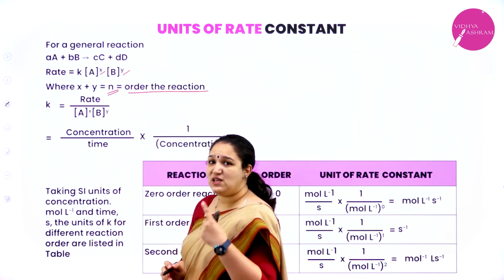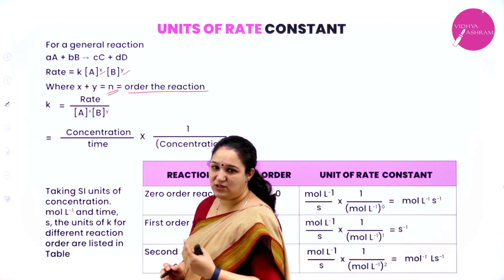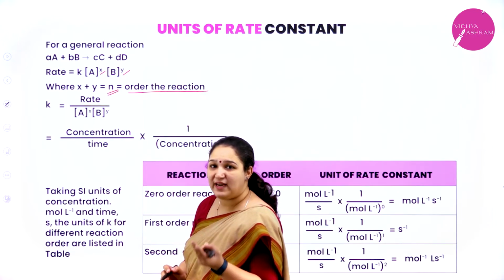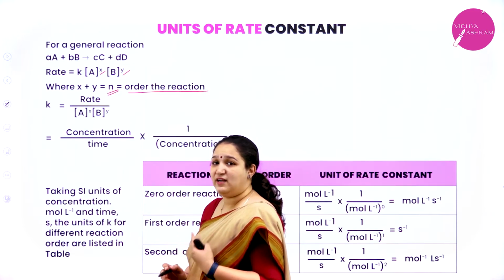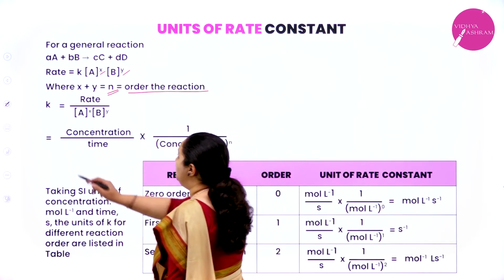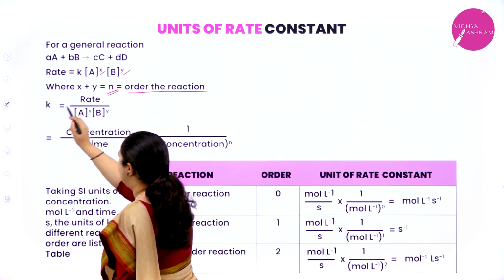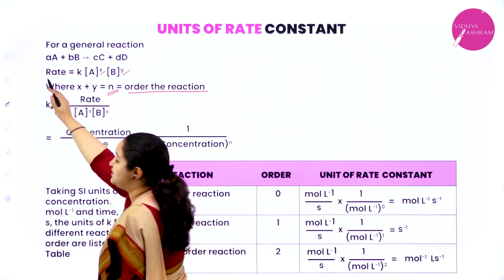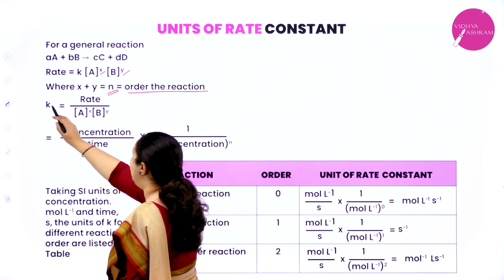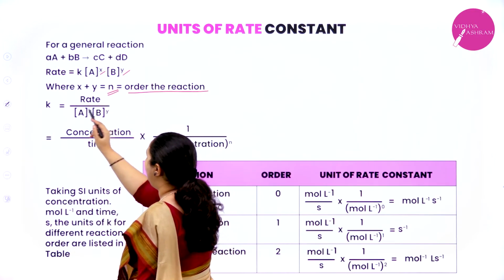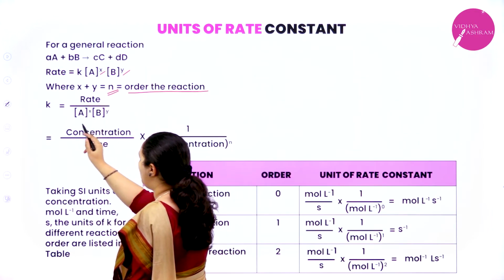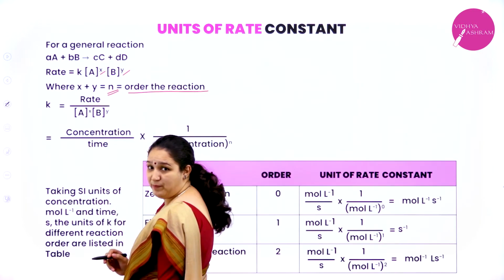So when n is equal to 1, it is first order reaction. When n is equal to 2, it is second order reaction. When n is equal to 3, it is third order, and it can go on. Okay. So I will take rate constant. I am just rearranging the equation. k I have put on the left side and rate by the molar concentration raised to their appropriate power.